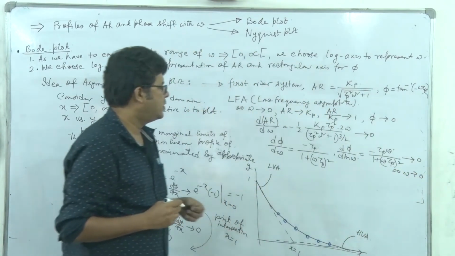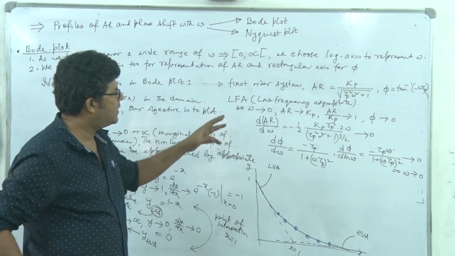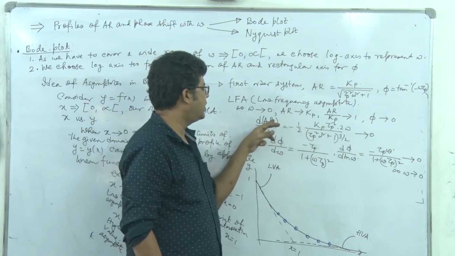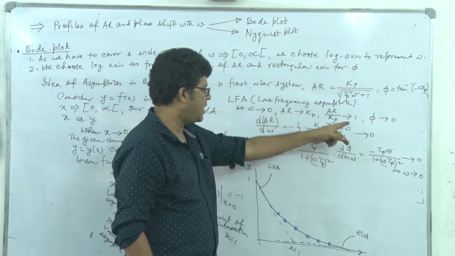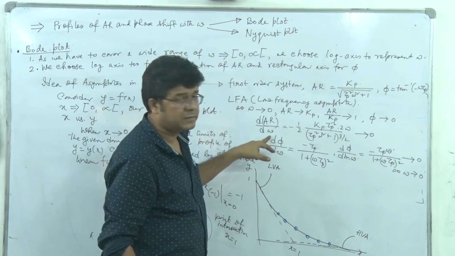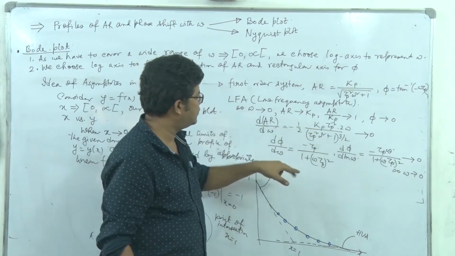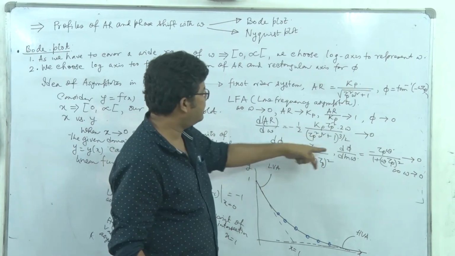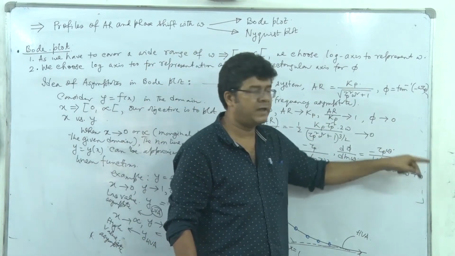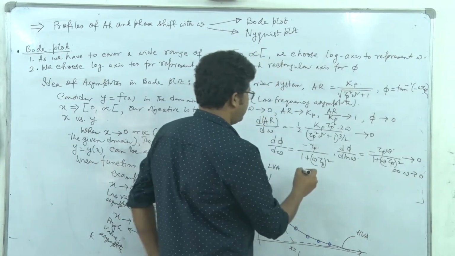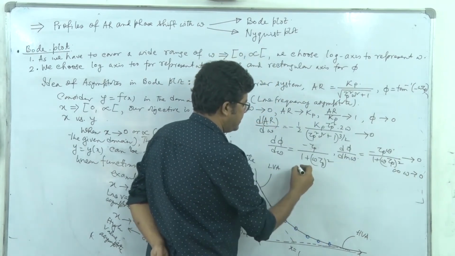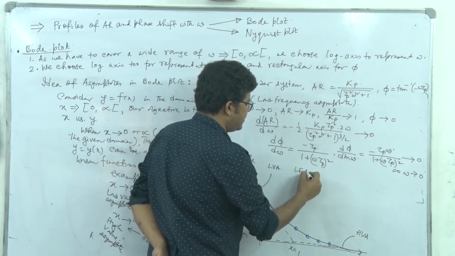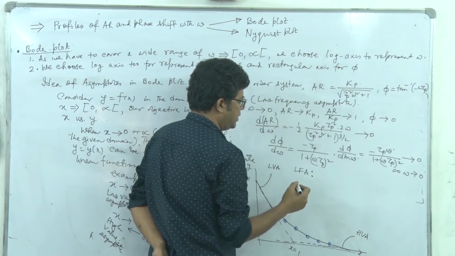Right. So for the low frequency asymptote, the equation will be, here we see what? AR tends to 1 and the slope tends to 0 as omega tends to 0. And here we have seen that phi tends to 0 and d phi d ln omega tends to 0 as omega tends to 0. So the equation of LFA will be what?